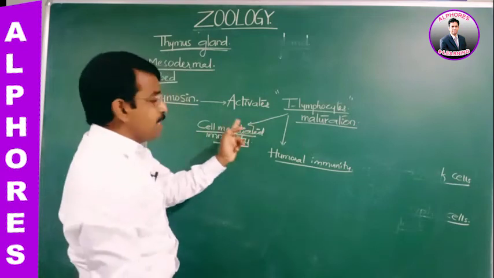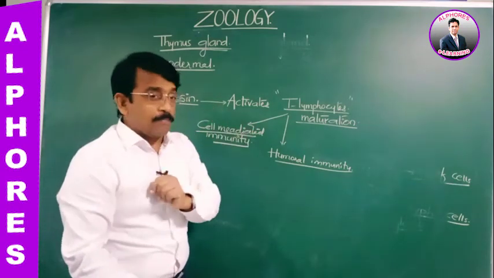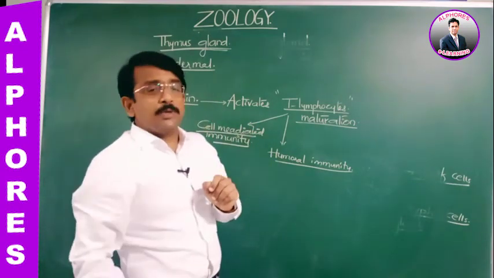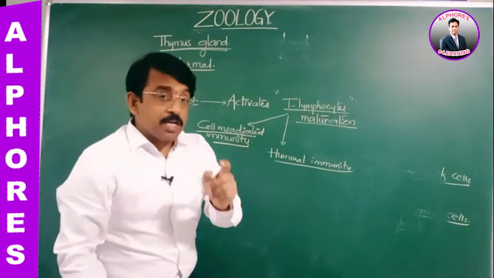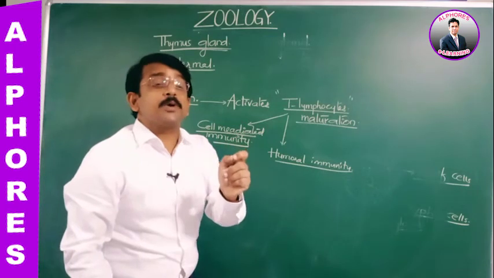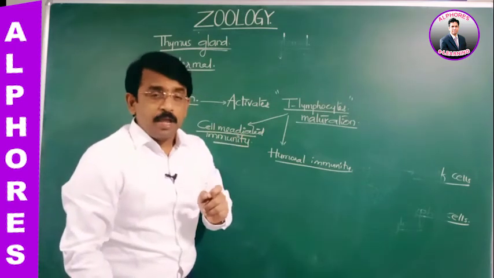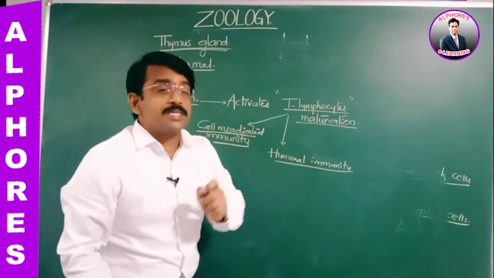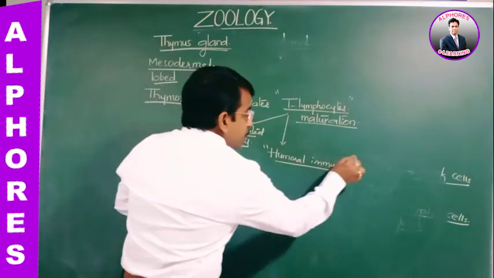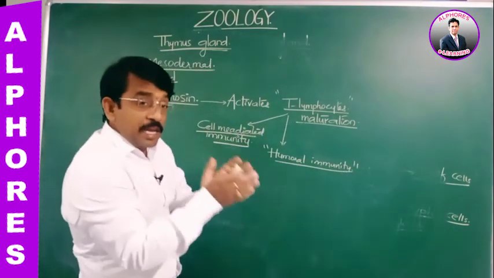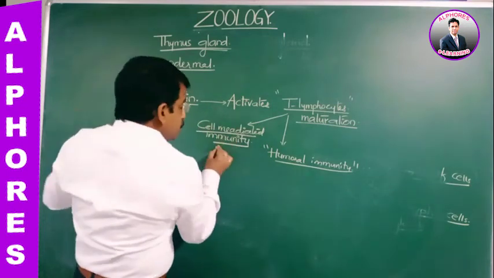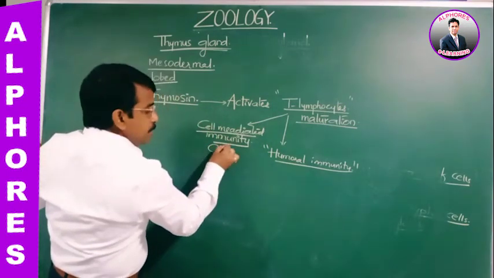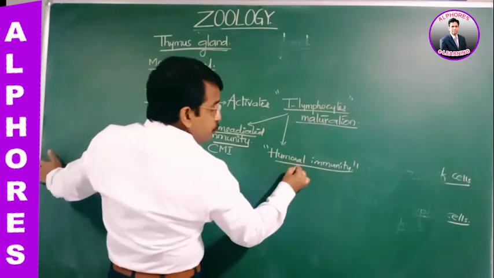Whereas in humoral immunity, the T lymphocytes stimulate the B lymphocytes to produce antibodies. Antibodies are present in the humors; that's why it is named humoral immunity. Collectively, maturation of the T lymphocytes helps in cell-mediated immunity and humoral immunity.